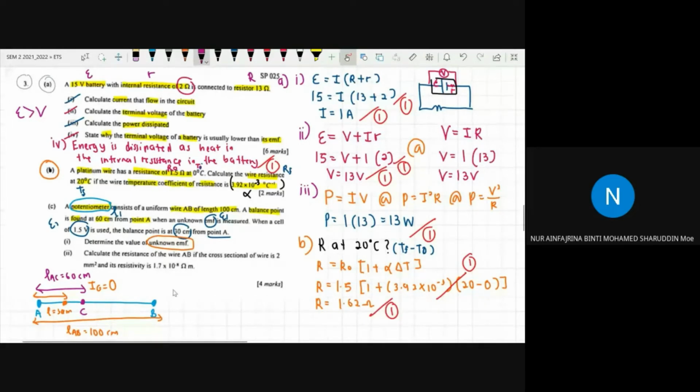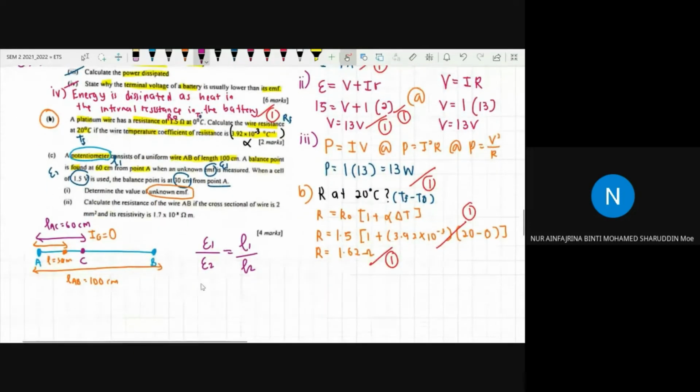So bila dia minta cari unknown EMF ni, senang saja. Awak nak cari EMF 1. Awak dah tahu EMF 2, length 1 dan length 2. So masukkan sahaja di dalam formula. EMF 2 kita dah tahu 1.5, length 1 adalah 60 cm dan length 2 adalah 30 cm.